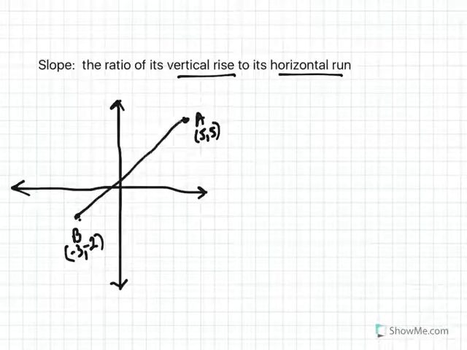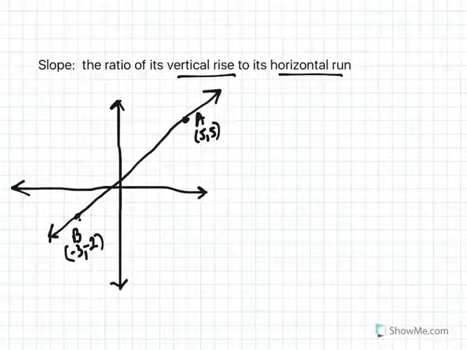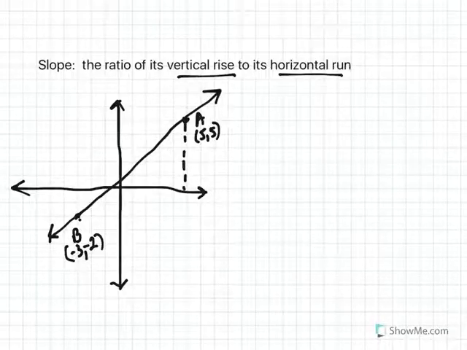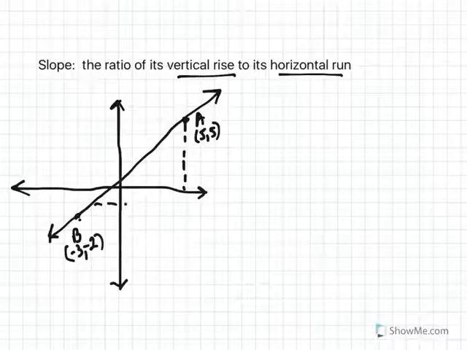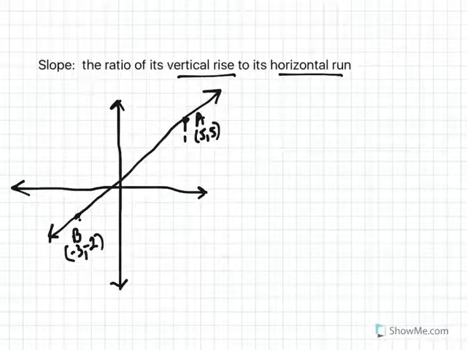Okay, so let's draw our little line here. Excellent. Now, this distance right here is going to be 5 units, right? It's 5 units up from the x-axis. And this distance here, all right, there we go.